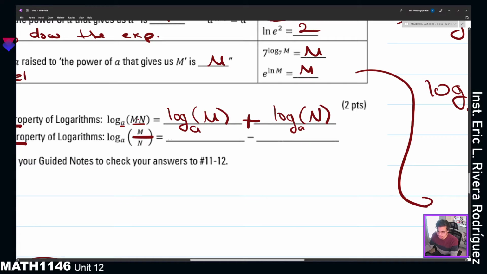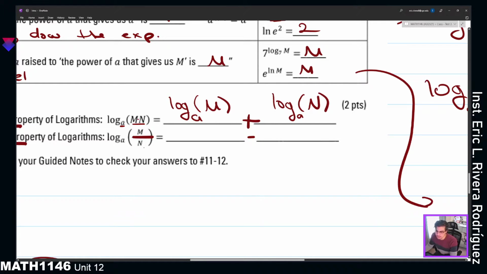For division, it's the same. Careful here, because now we have a subtraction. That means that one of the terms here is negative. For when we have a division in the argument, we can separate the two components of that division or fraction. So log base a of m minus log base a of n.